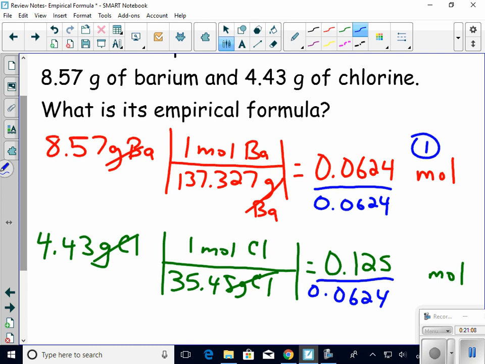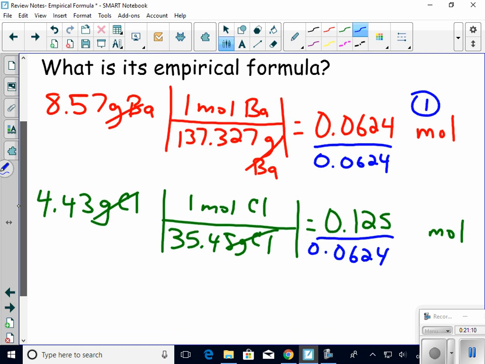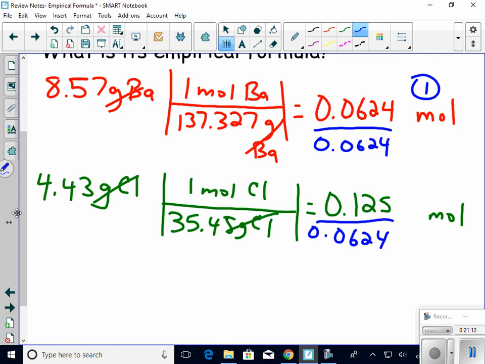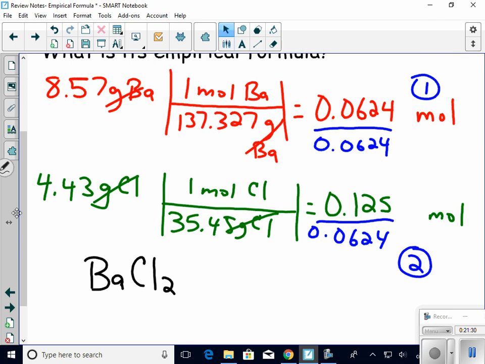And when I do, that bottom one, my value comes up to be 2.00. So what is my empirical formula for this one going to be? Ba is how many? 1. Cl is 2.